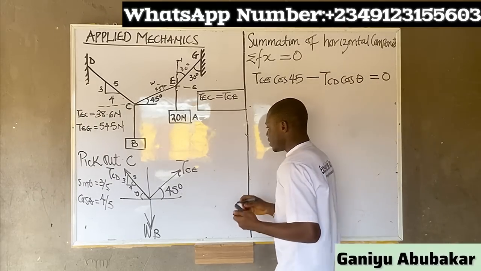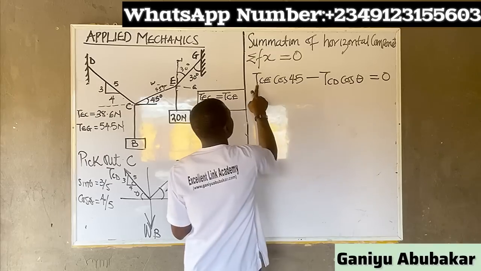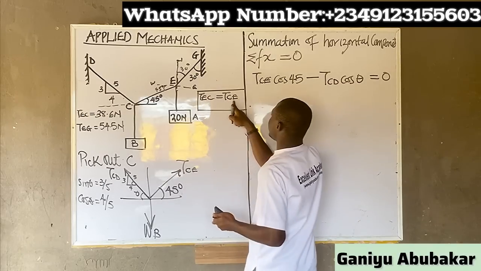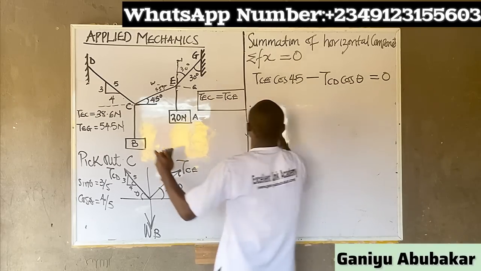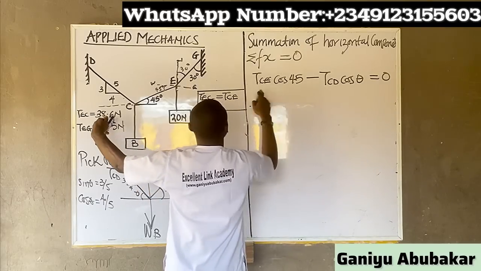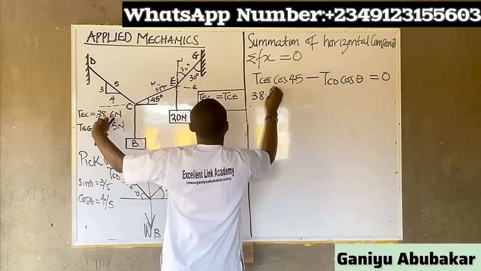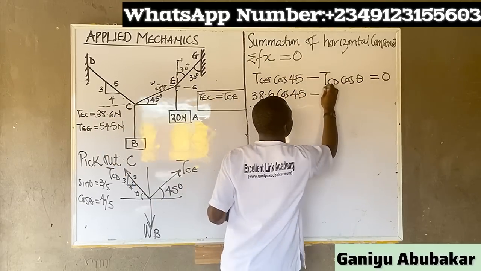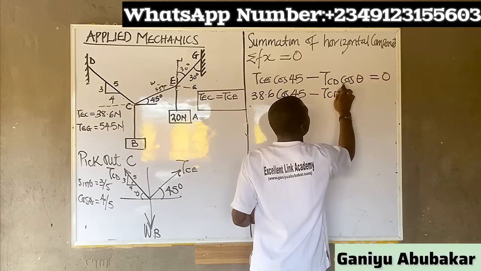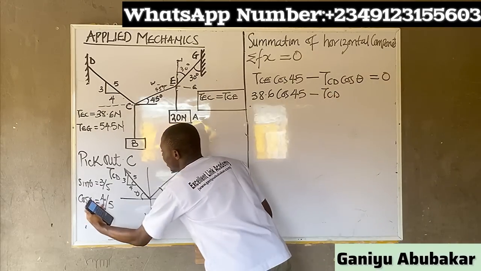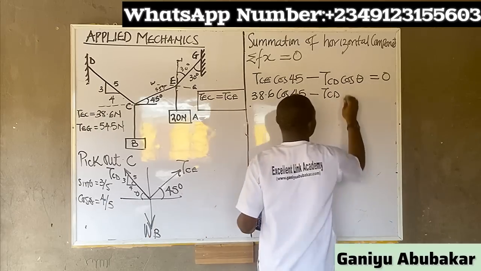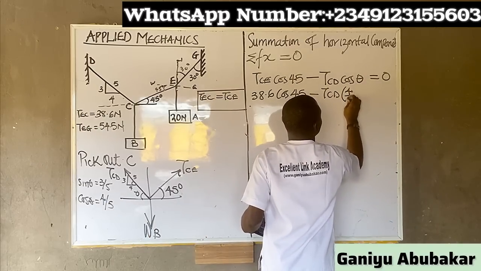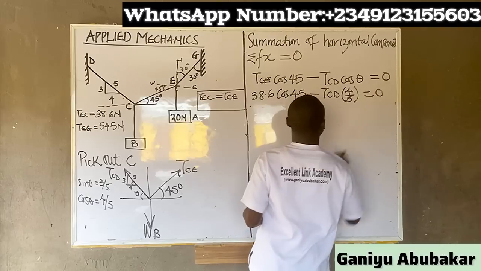Next, from here we said TCE and TEC are the same thing. So the equation now will be 38.6 cos 45 minus TCD cos theta. Cos theta is just 4 over 5. That gives you 4 over 5 equals 0.